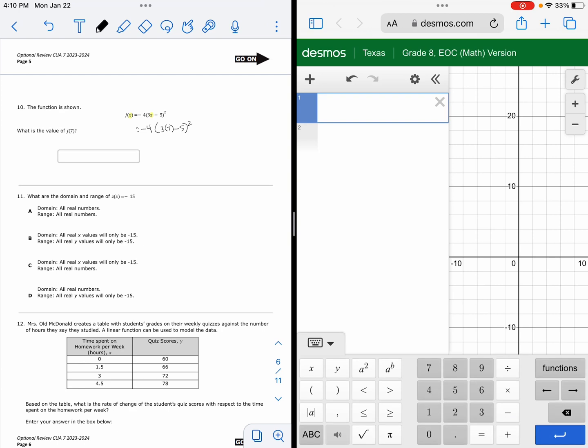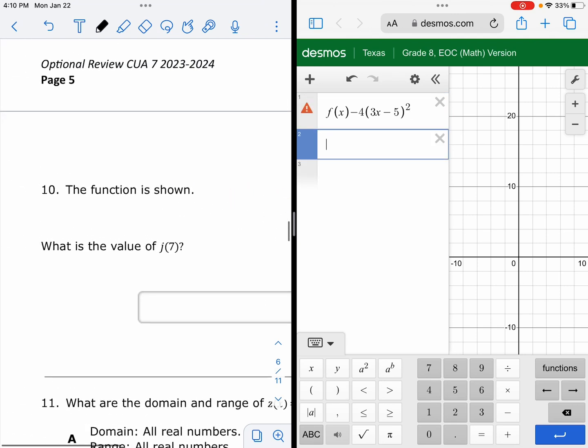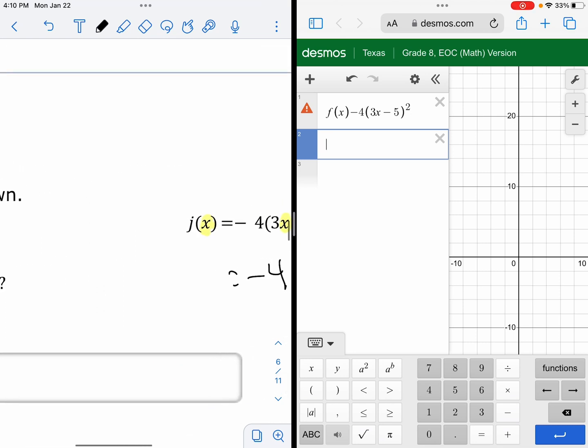So over here on Desmos, I can go and say what the function is. F of x, oops, I got to do the parentheses right. F of x equals -4 3x. I'm typing in exactly what I see in the rule. Okay, so if I then want to know what the function of, and I'm sorry, that was a j of x.